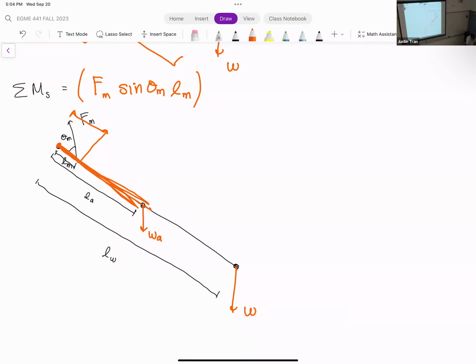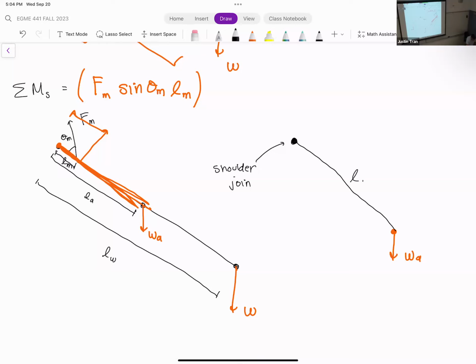Okay. If we isolate this, we have the shoulder joint. And then we have WA, which is acting down here. If we complete this triangle, we have the direct line from the shoulder joint to WA along the arm, and this is the length that we're actually given.